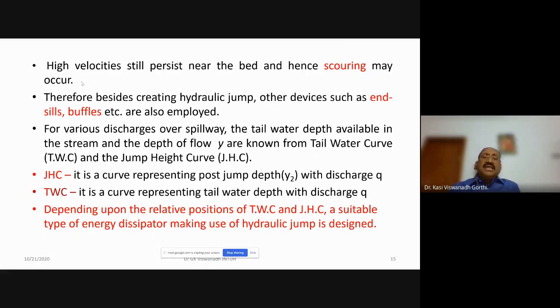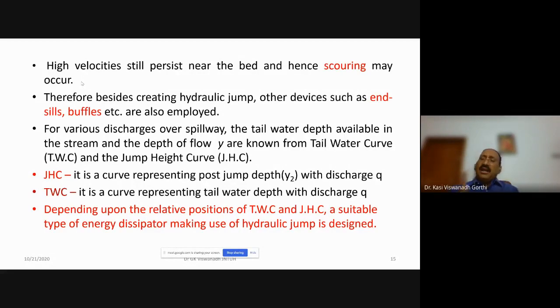Therefore, besides creating the hydraulic jump, other devices such as end seals and baffles are also required. Of course, chute blocks we also provide. We shall see what the chute block, end seal and baffle are. The purpose of providing these auxiliary devices is to see that more and more energy is dissipated.